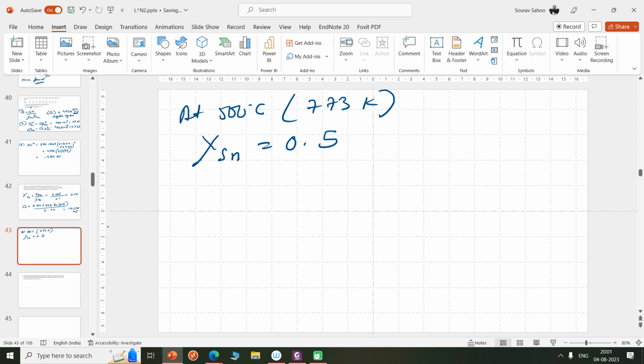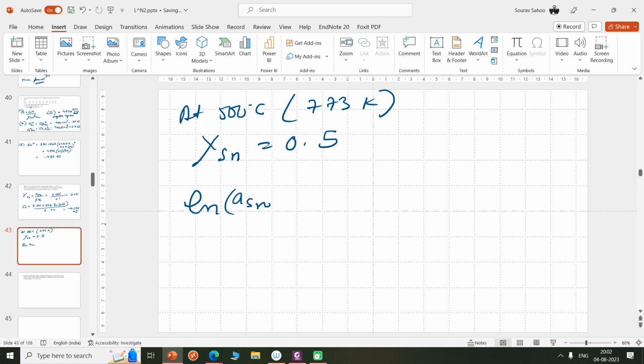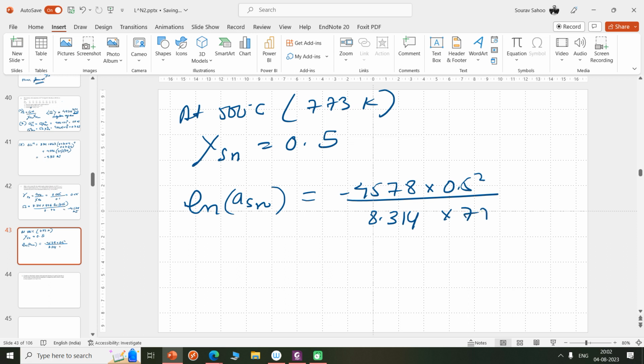So ln gamma, since we're asking for the activity of it, is equal to minus 0.178.